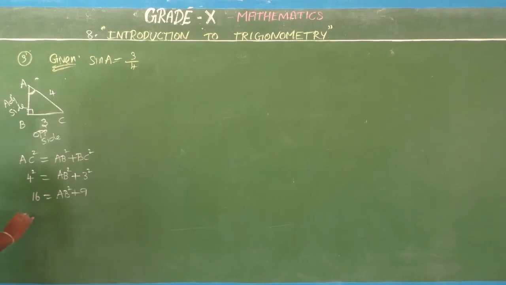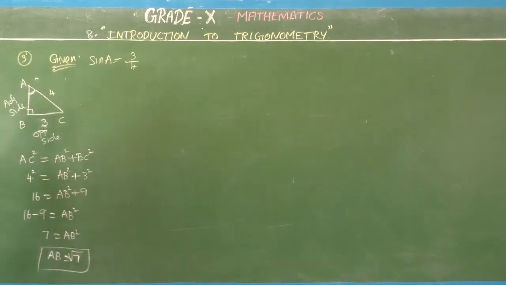Moving the 9 to the left side, we get 16 minus 9 equal to AB square. 16 minus 9 is 7. So 7 is equal to AB square, but I need the value of AB only, so AB is root 7.